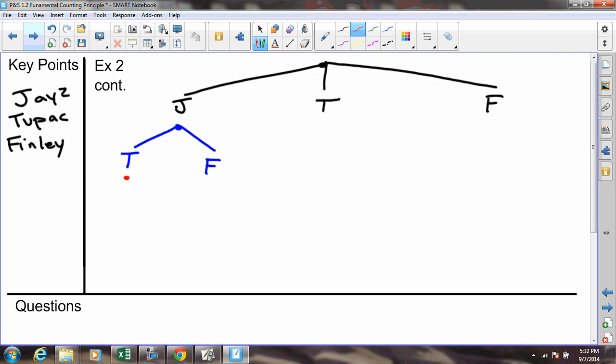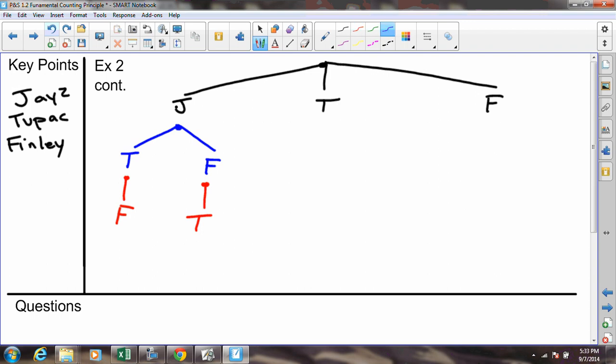You can't replay the Jay-Z, you can't replay the Tupac, so the only thing that's left is to say Finley. Now, if you played Finley first, or I'm sorry, if you played Jay-Z first, Finley second, you'll note that tells you you have to play Tupac last.